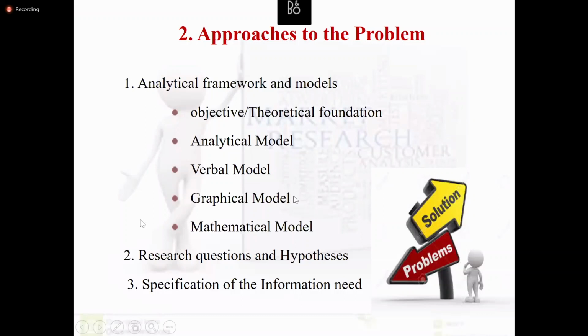And the graphical models, as I said, dependent and independent variables can be drawn, and their impact on the other variable, that is the dependent variable, can be pointed out. And in some instances we talk about the mathematical model.